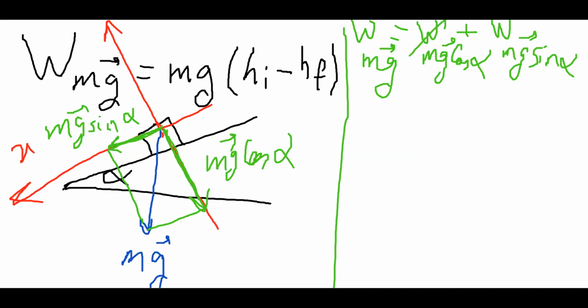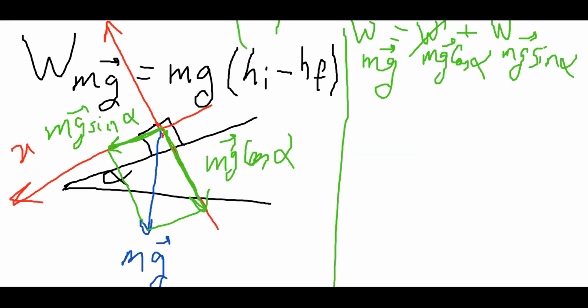Why? Because mg cosine alpha is perpendicular to the displacement. In this case, look, mg cosine alpha is perpendicular to the displacement. This is the displacement, which is the inclined plane. This is mg cosine alpha. The angle between them is 90.